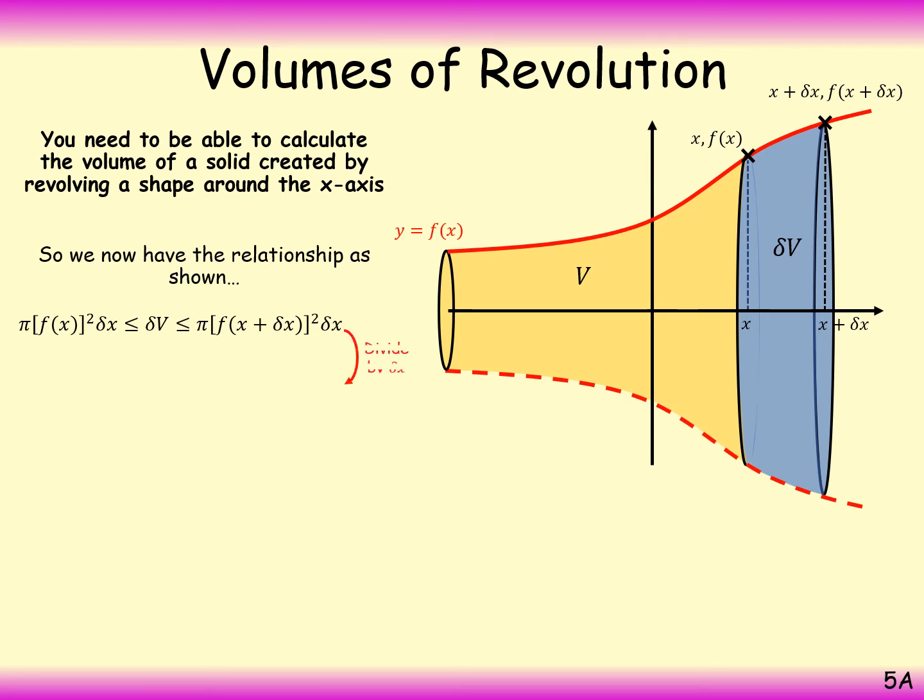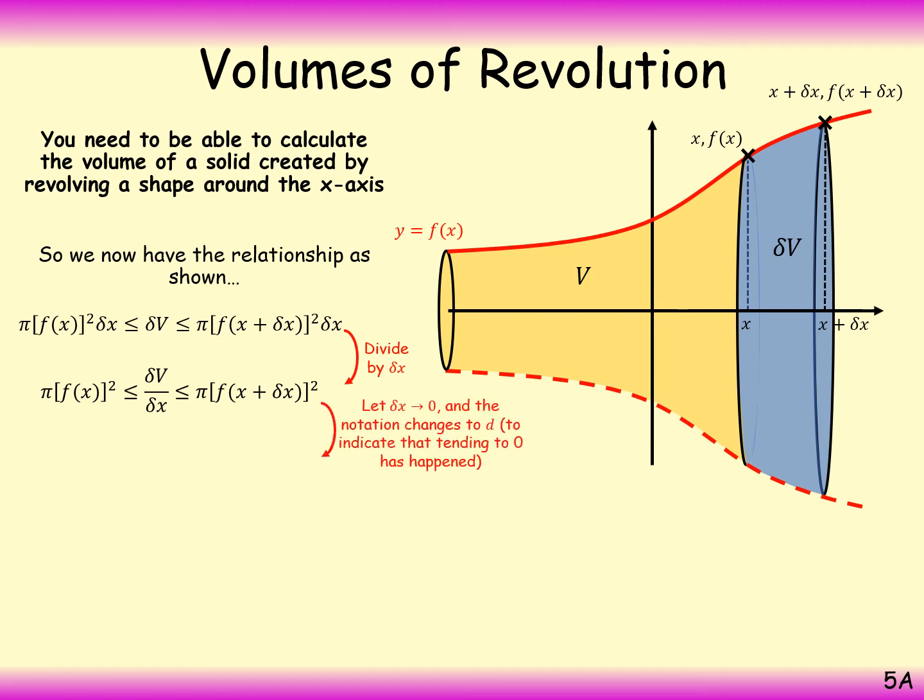Now what we could say is if we divide both sides by delta x, we get the following. But make sure that you do the same in the middle, delta V over delta x. Now as delta x tends towards 0, the notation changes to d to indicate it's tending towards 0, and you would remember this from the differentiation chapter in A-level maths.